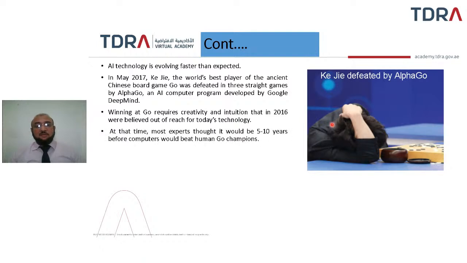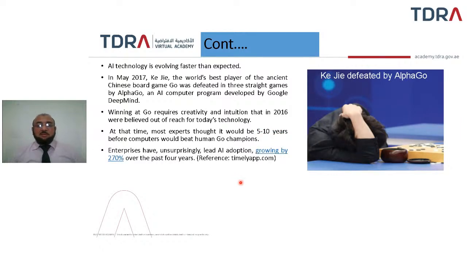People and most experts in the field of AI were expecting that it would take 5 to 10 years before computers would beat human Go champions. But technology is evolving so fast that this happened after 1 year.